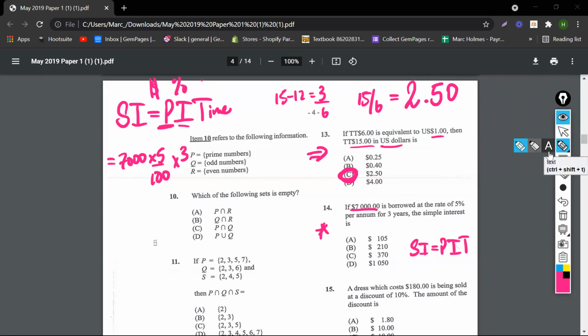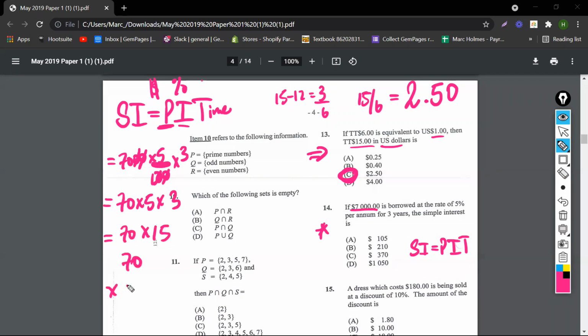So if we multiply it now, guys, 7,000 times 5 over 100 times 3, this 0 cancels that one, and we're going to end up with 70 times 5 times 3. 5 times 3 is 15, so 70 times 15.